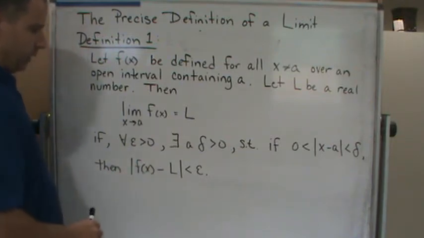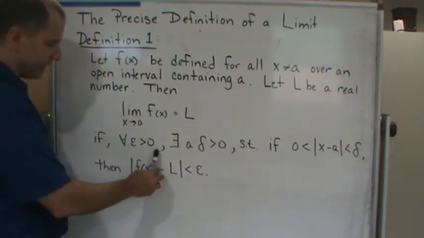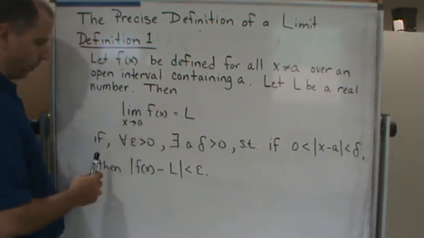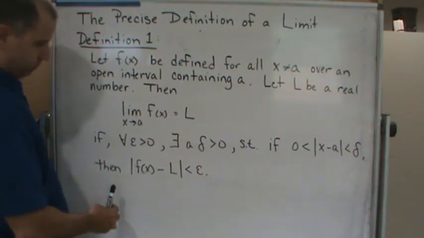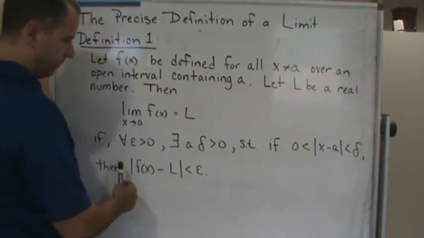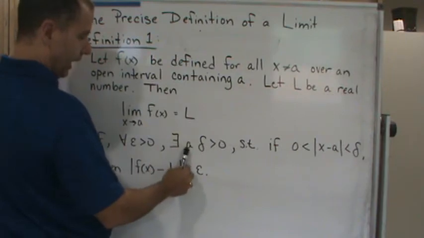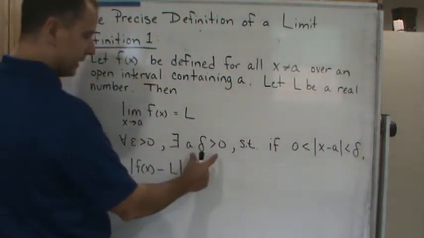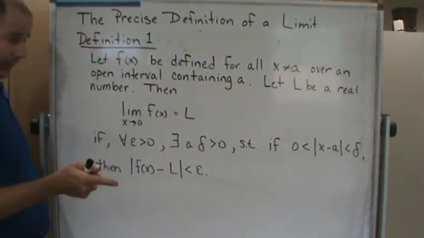What does this mean? What this is saying is that for any positive distance, so go back to what we were talking about before, for any positive distance between the function and L, there exists a delta that's greater than 0. So there's going to exist a positive distance between x and a.